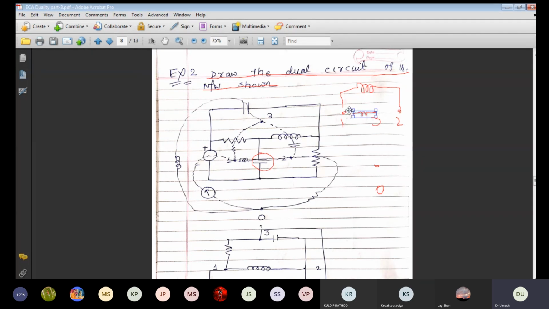So that resistance also I have to connect like this.